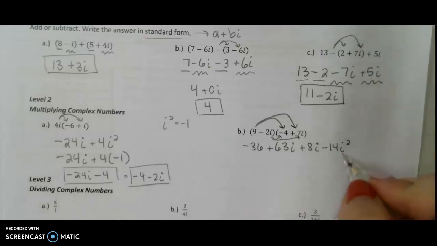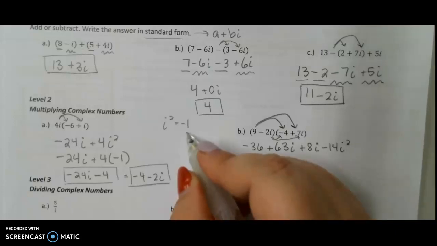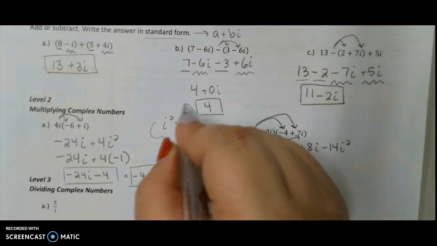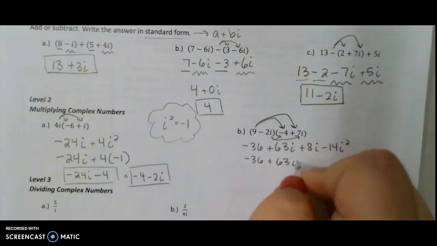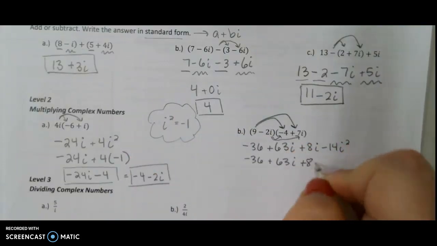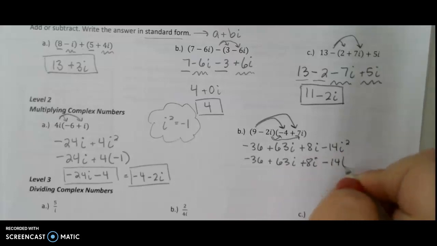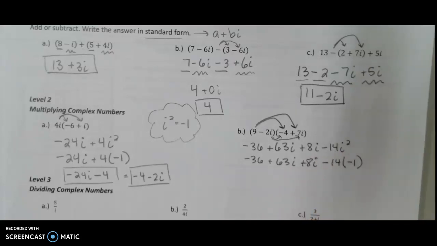Again, it is not proper to leave i squared when we know that i squared equals negative 1. So negative 36 plus 63i plus 8i minus 14 times negative 1, because i squared is negative 1.